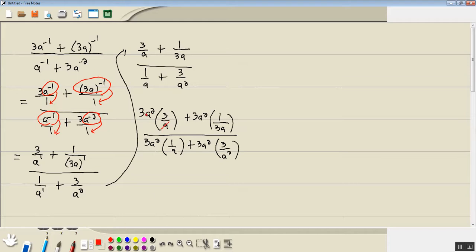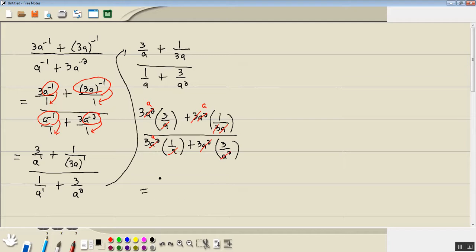Now this a cancels with one of these a's, so it leaves me a single a. That 3 cancels that 3. This a cancels with one of those a's, so that's gone. This leaves me a single a. That a cancels one of those a's, so that cancels, and that leaves me a single a here. And these a squareds cancel. So let's see what we have left.